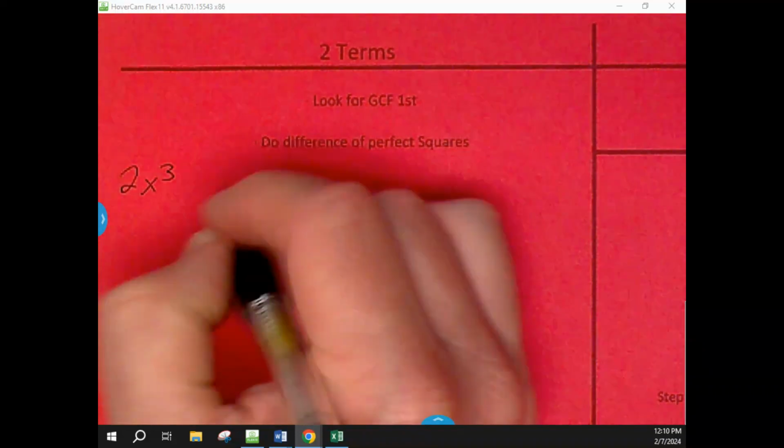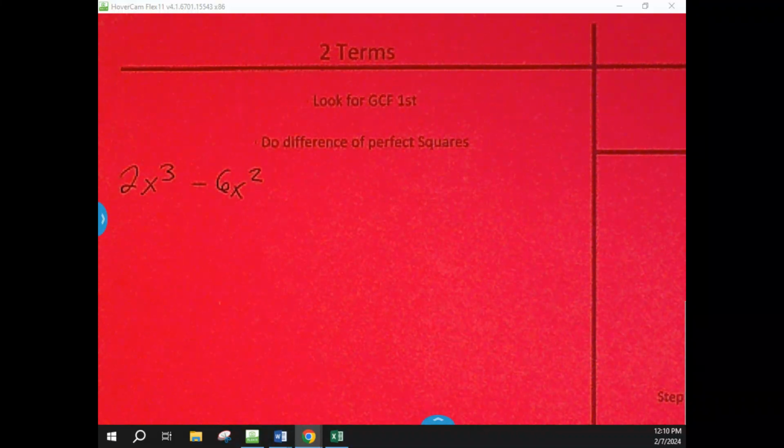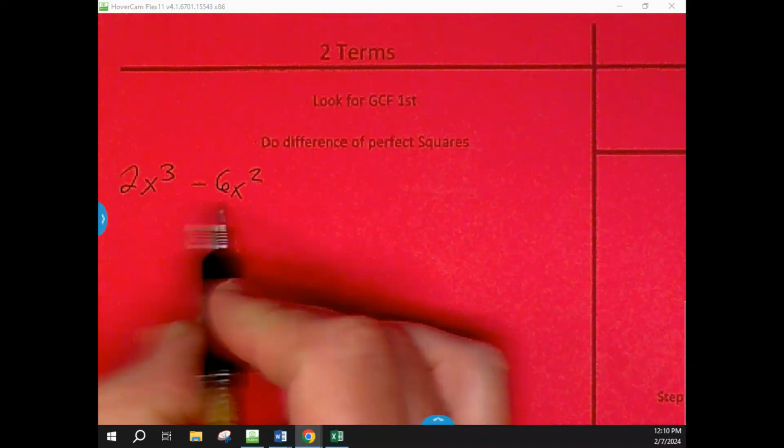We got 2x to the third minus 6x squared. Okay, so again, we know we divide 6 and 2, we can divide them both by 2.